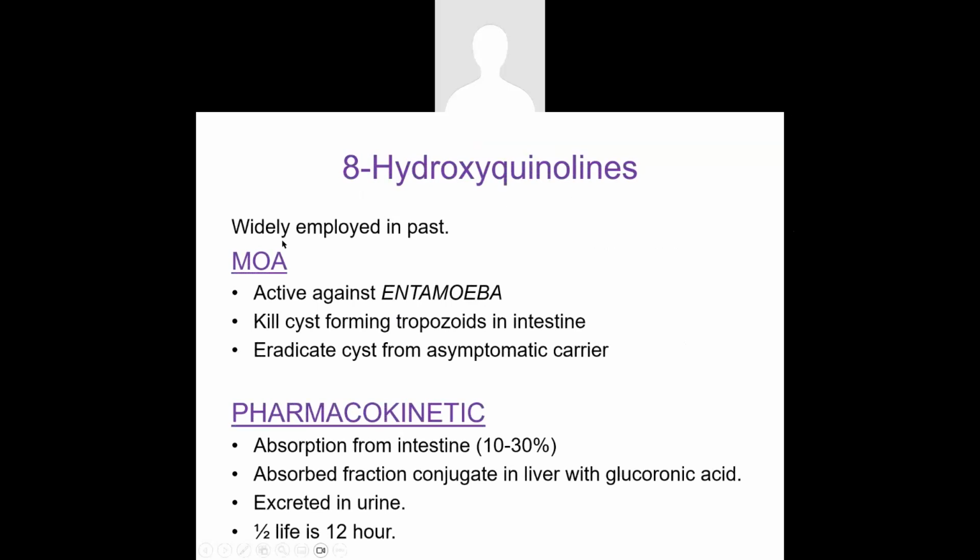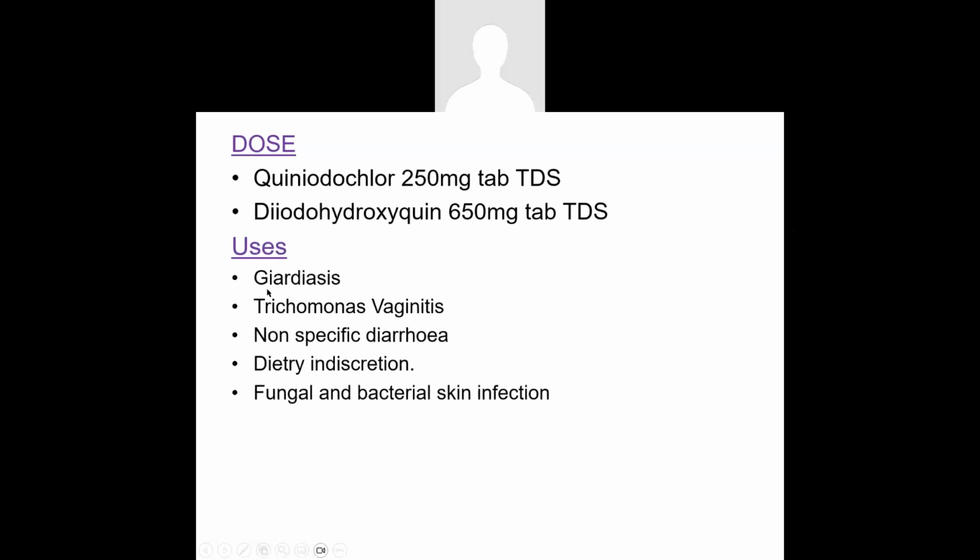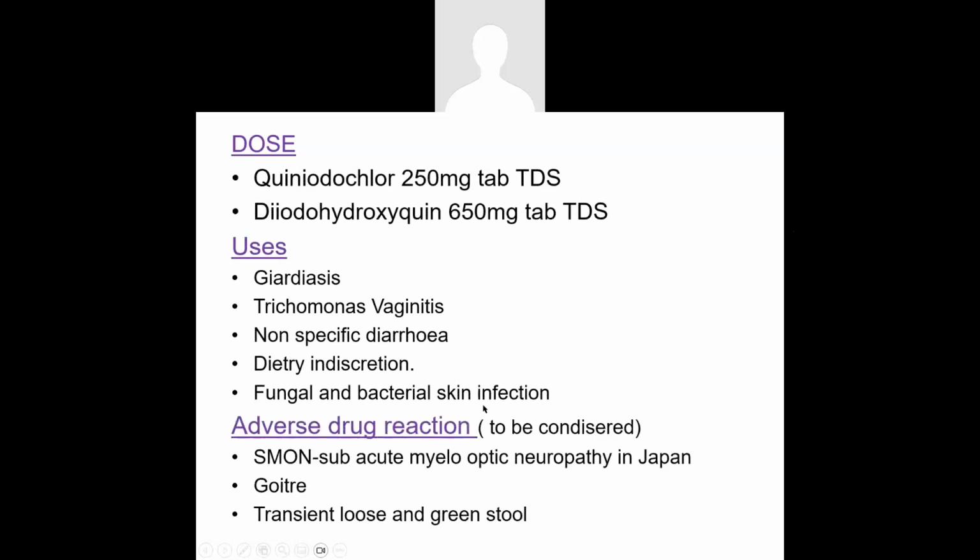8-hydroxyquinolone is active against entamoeba, kills cyst-forming trophozoites in the intestine, and eradicates cysts from asymptomatic carriers. It is used for giardiasis, trichomoniasis, non-specific diarrhea, and fungal and bacterial infection.